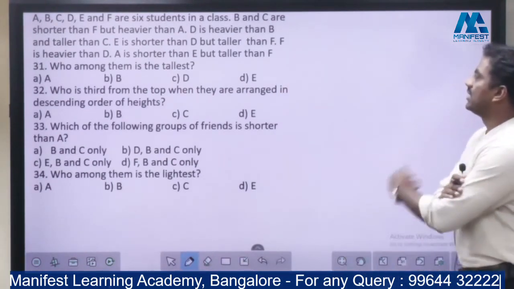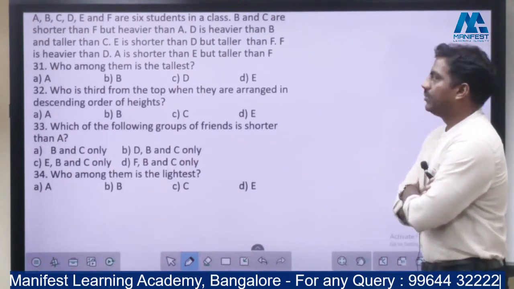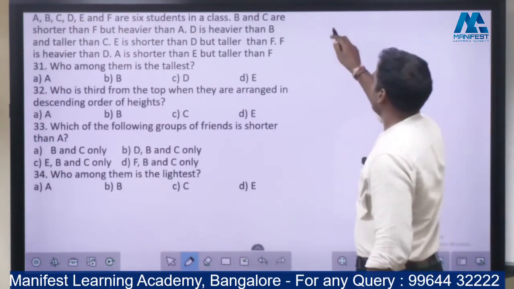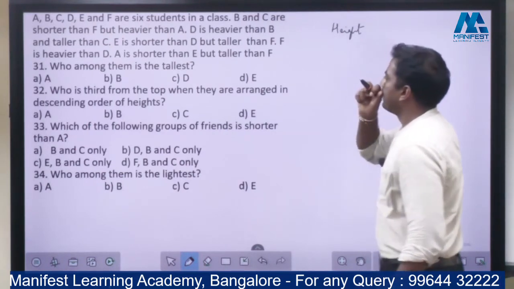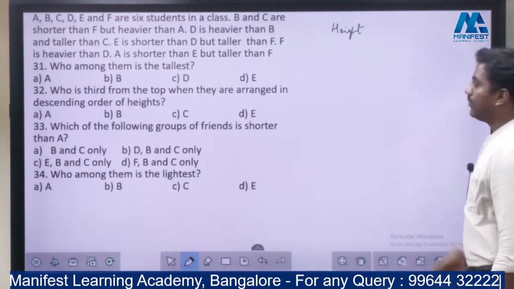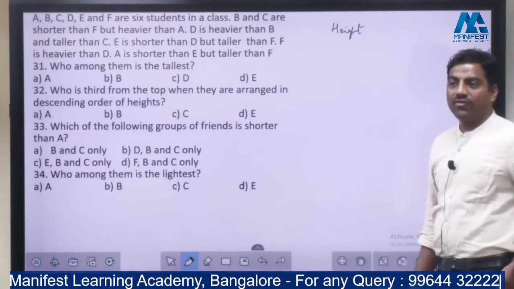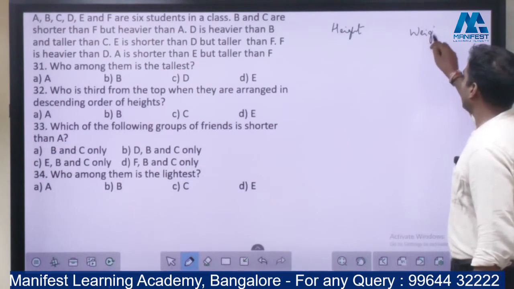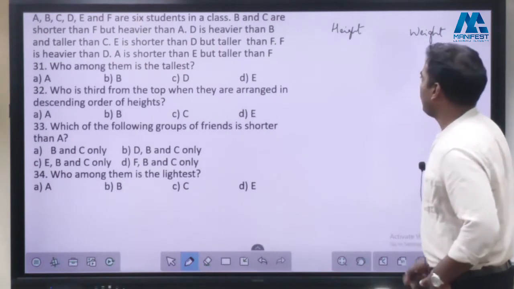A, B, C, D, E, F are 6 students in a class. B and C are shorter than F. Short means they are talking about height. But heavier than A. When we talk of heavy and light, what are we talking of? Weight. So they are comparing the height and weight of different persons, that is 6 students.